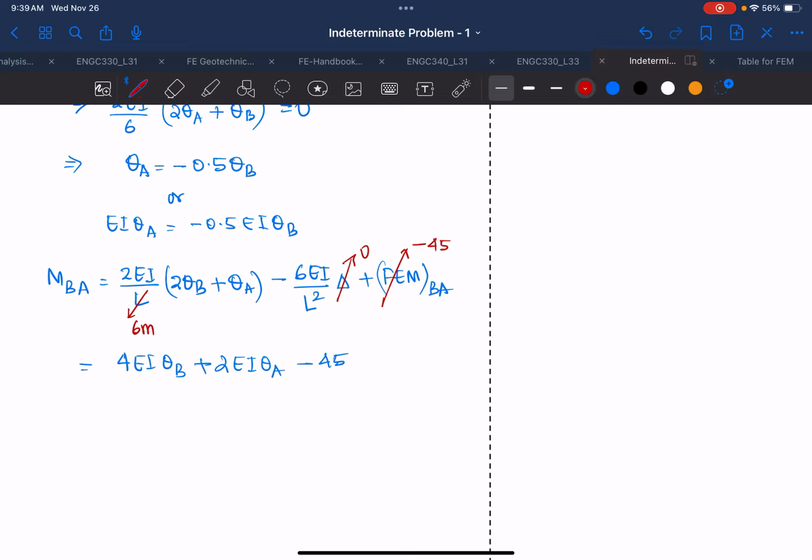And you'll see that this EI theta A is going to be minus 0.5 EI theta B. So finally we can find that it will be 3EI theta B, this is divided by 6, so it will be 6, minus 45.